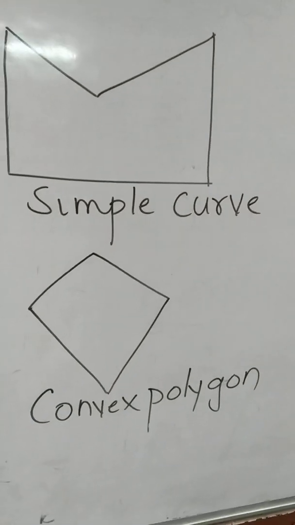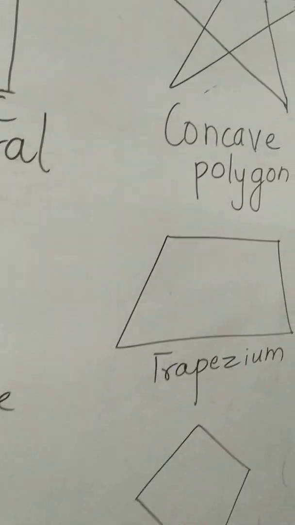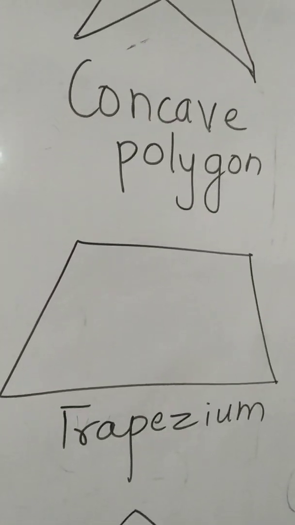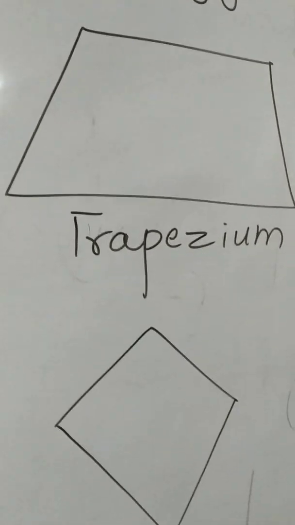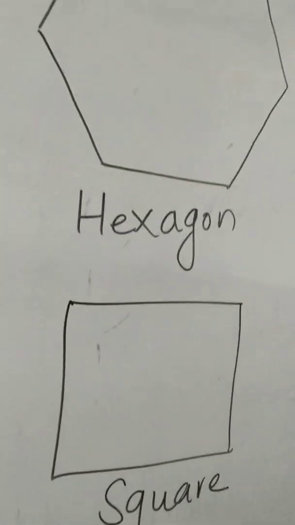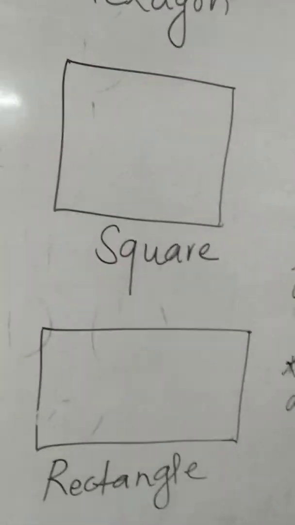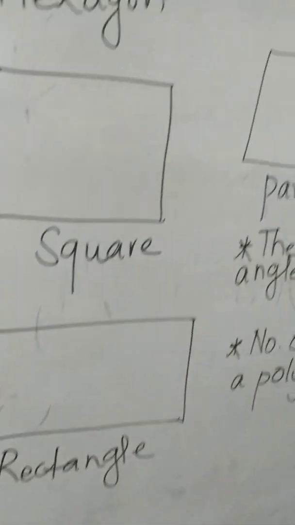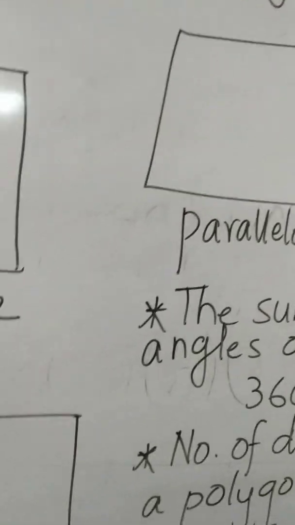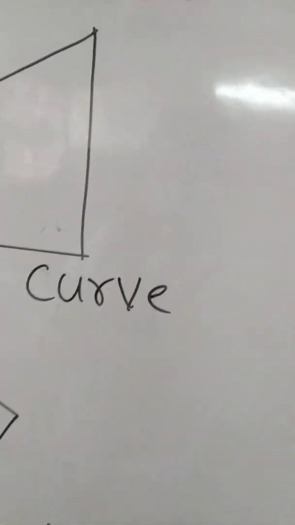Third one is a convex polygon. Next one is a concave polygon. Then we have trapezium, kite, hexagon, square, rectangle, triangle and parallelogram. Okay, one by one we will take it again.